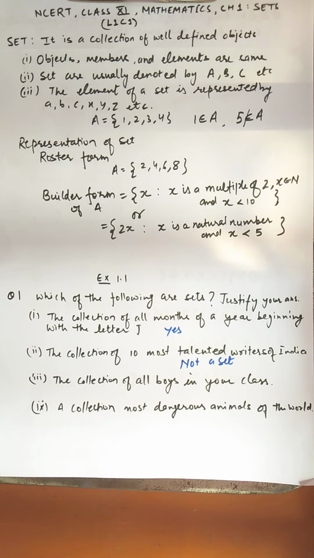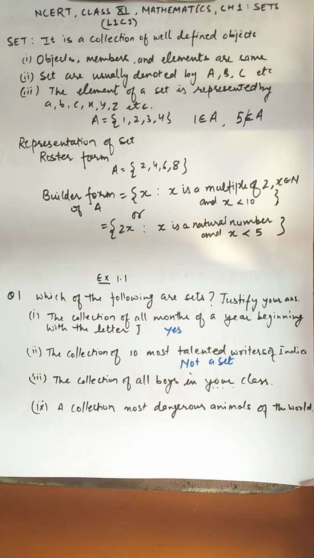Next, come to the collection of all boys in your class. Again, this is something which can open a debate, because normally the answer written is yes, but I have a question on this, because if I don't fix that word, your, then this cannot be a set. In this book, they have taken that your class means the students of that particular section.